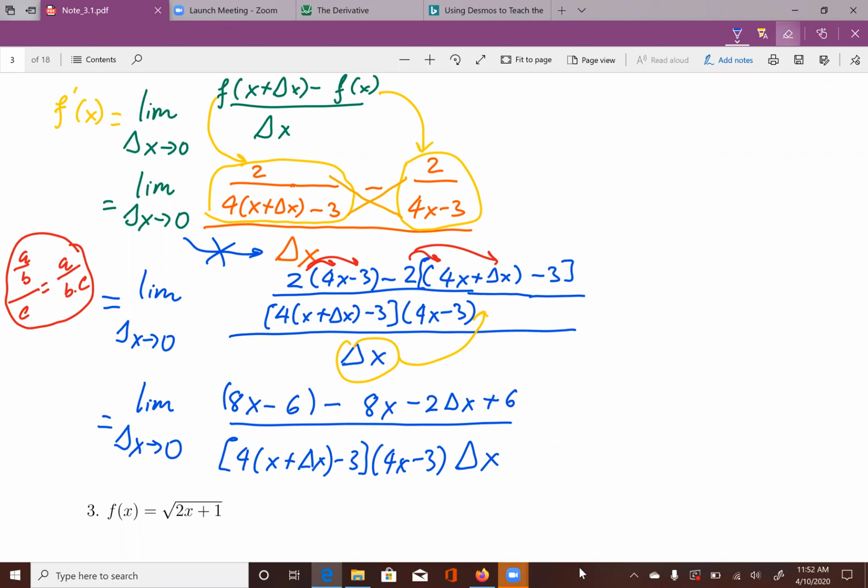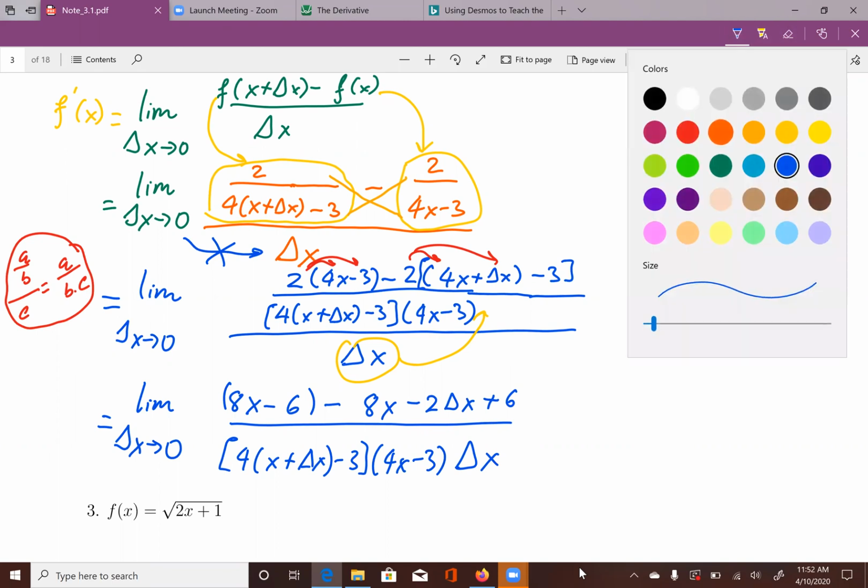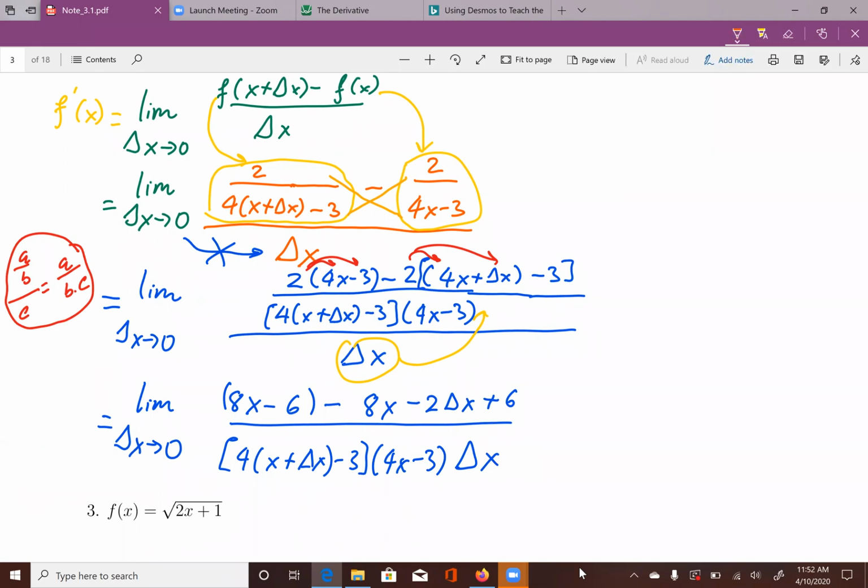All right, how can I simplify the numerator? So I have negative 6 and positive 6, which is gone. Positive 8, negative 8, so it's gone. So the only leftover is negative 2 delta x.